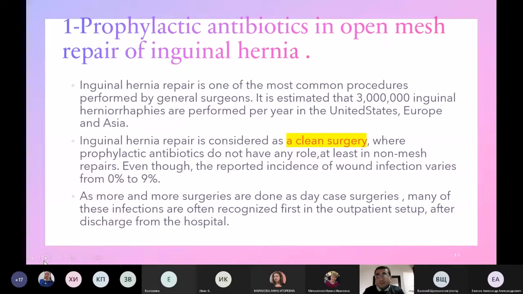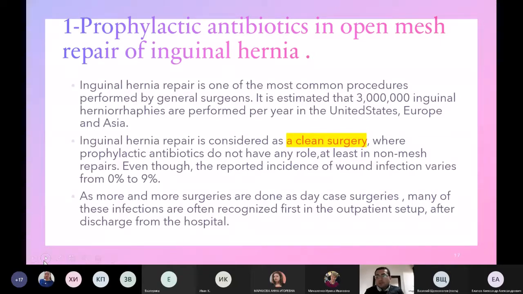When we talk about prophylactic antibiotics in open mesh repair of inguinal hernia, we see that all over the world they are not using any antibiotic in clean surgery, but the recommendations and guidelines say that we must use them in mesh repair, as opposed to non-mesh repair or tension-free repair.